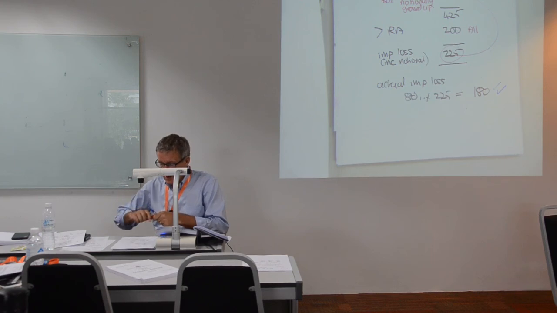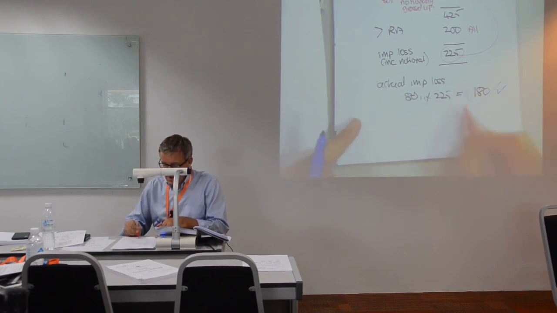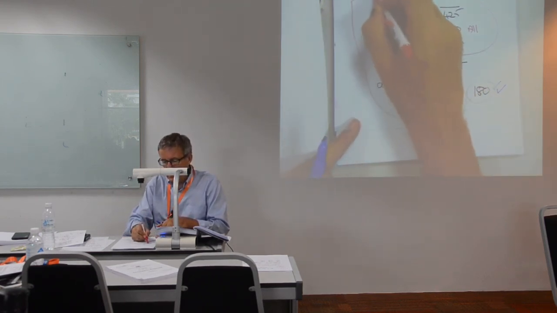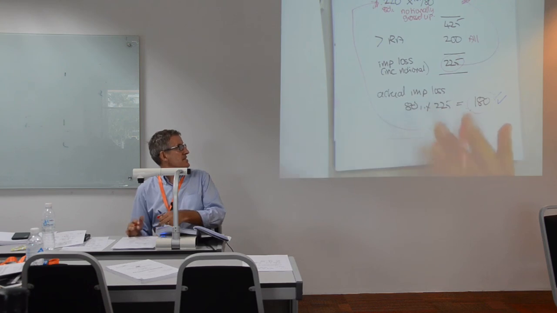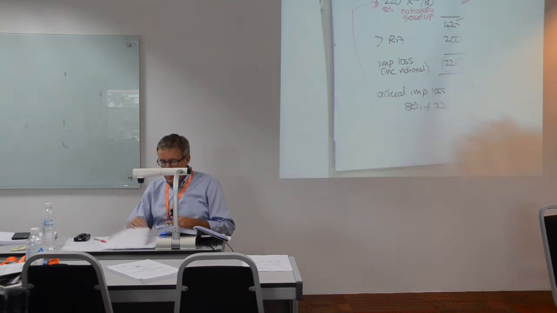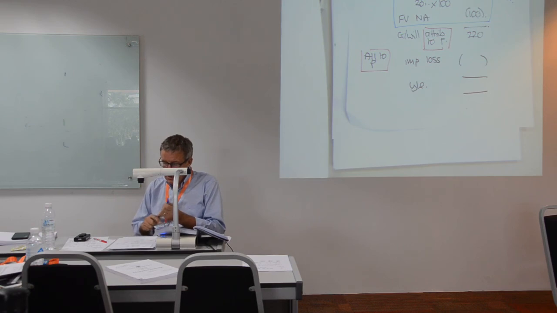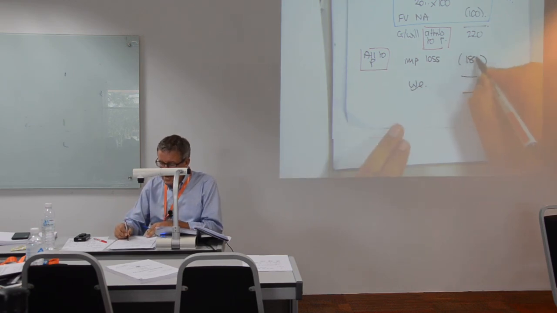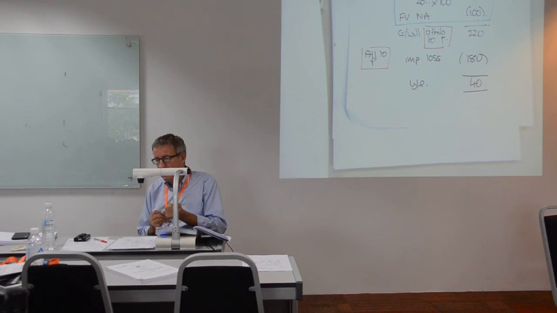This 180 is the number that relates to your real goodwill. And your real goodwill is 220. The goodwill in the question is 220. So I'm being entirely consistent when I then take off 180 against the 220 and say that at the year end your goodwill will be 40.